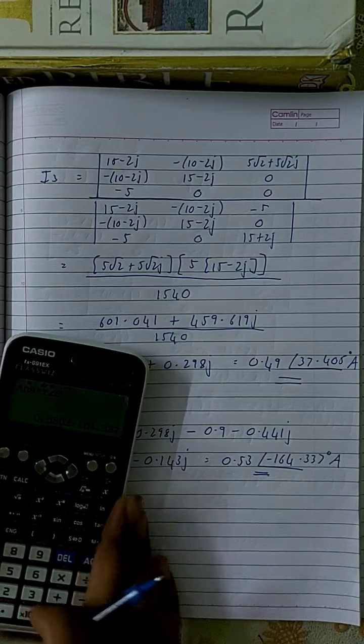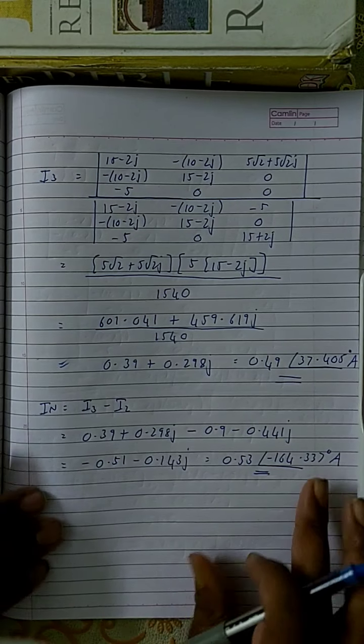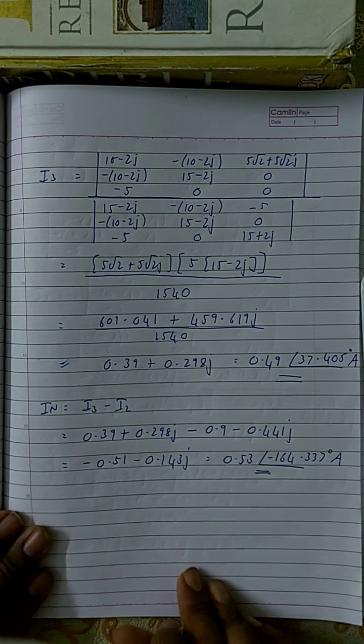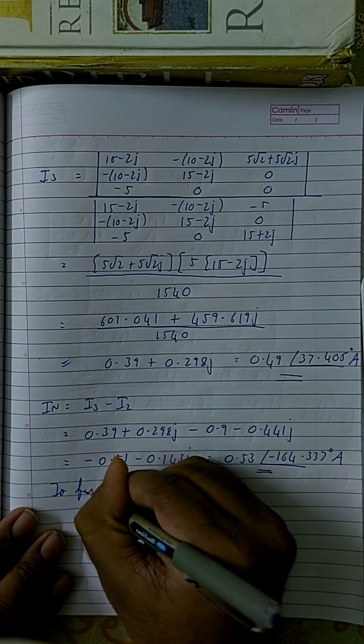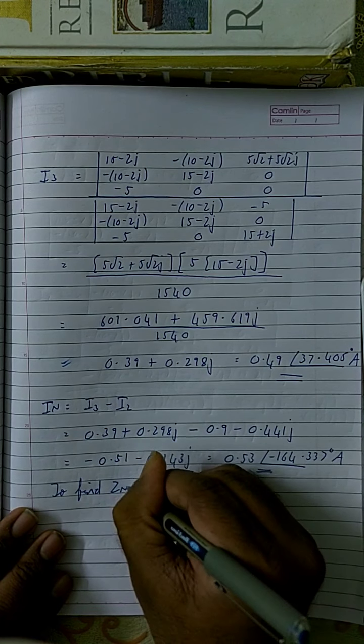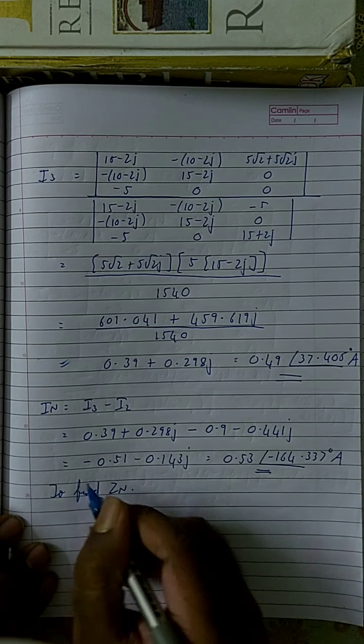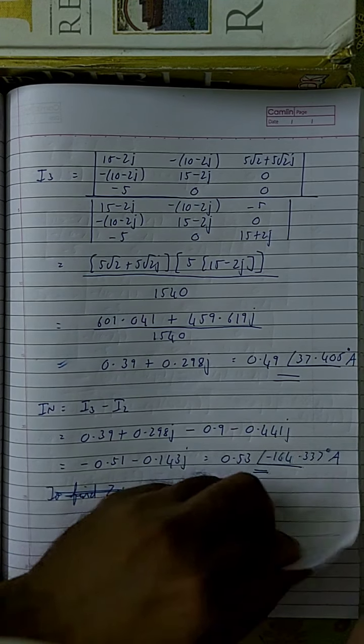Now I'm going to find the value of the Norton's impedance, Zn. To find Zn, I'll write on the next page.